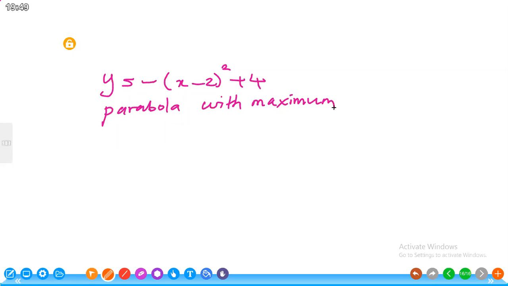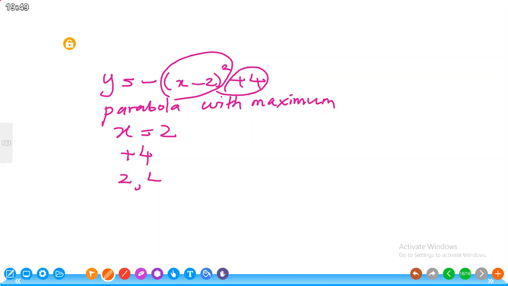What is the equation of the axis of symmetry? Using this part, x is equal to 2. What is the maximum value? Using this one, plus 4. And finally, what are the coordinates of the turning point? Here the x coordinate is 2, the y coordinate is positive 4, so the coordinates are 2, 4.